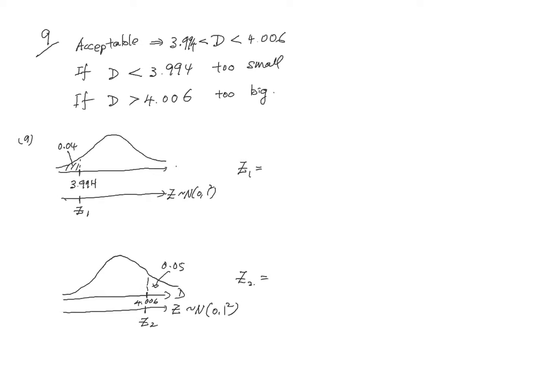Yeah, you know what to do. You get your Z1, Z2, then you form two equations, then you settle your problem. Or use inverse norm. You want to find the value of the variable, you must use inverse norm.